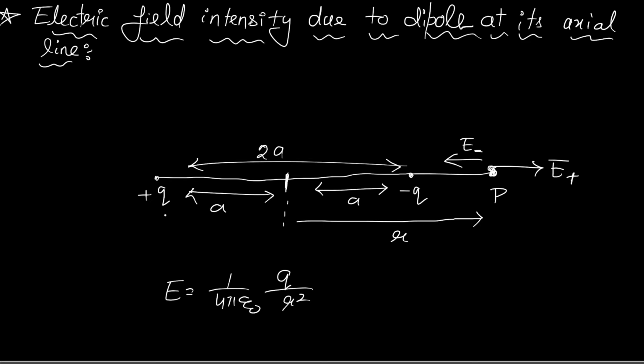If the distance from the positive charge to p is larger than the distance from the negative charge, the electric field due to the positive is less. So I should represent it by the small vector. E positive is smaller and E negative is greater basically.